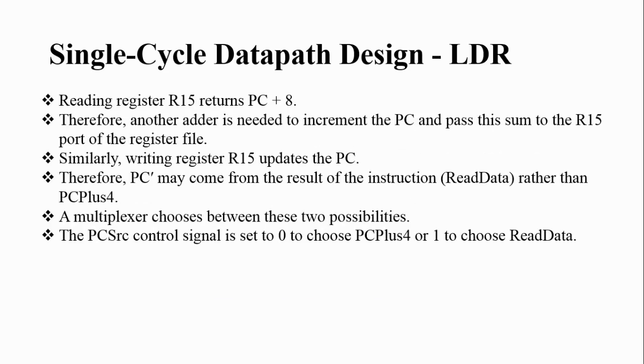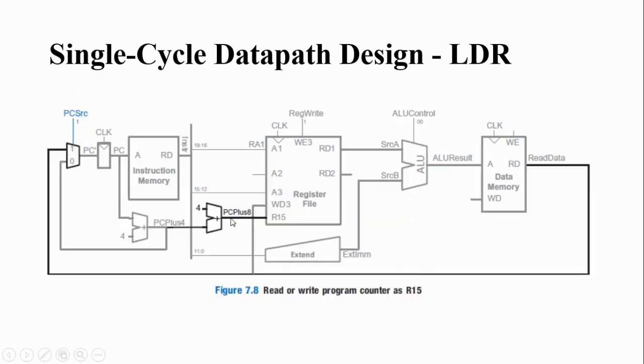Then in addition to that, I have told there is one more option in the register file. That means you can read R15. If you are reading R15 in the register file, you will actually get program counter +8. So program counter +4 you will be getting here, right?